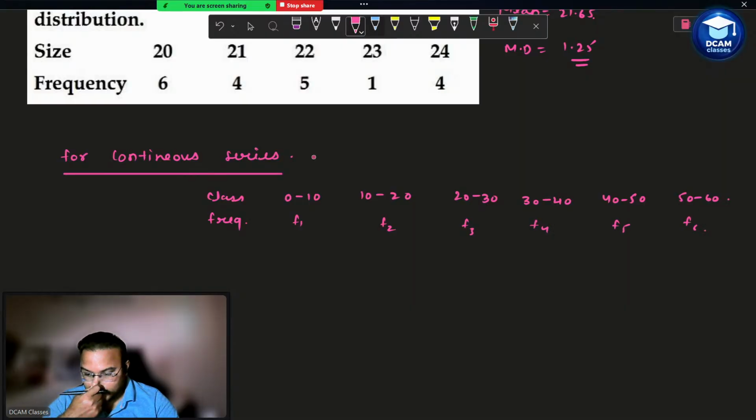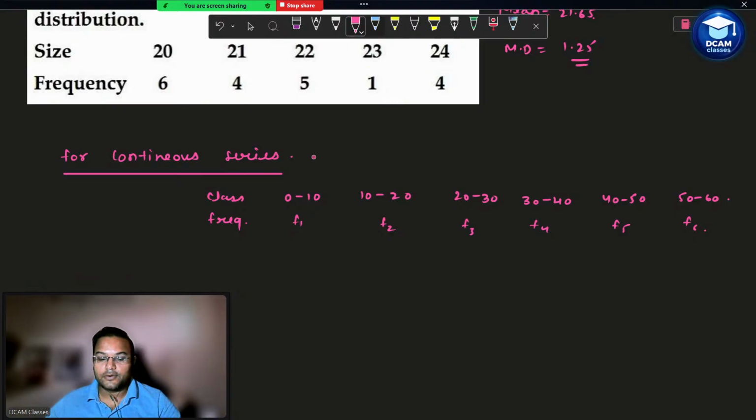In this case you also have to find the mean deviation. For that, first you have to find the median class. The formula for median that I gave you will apply.